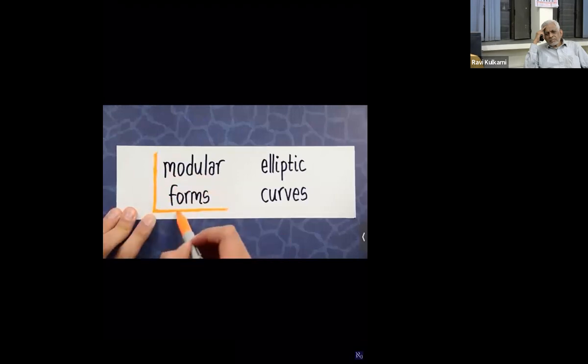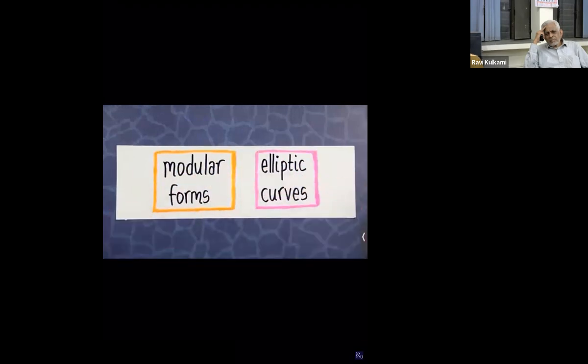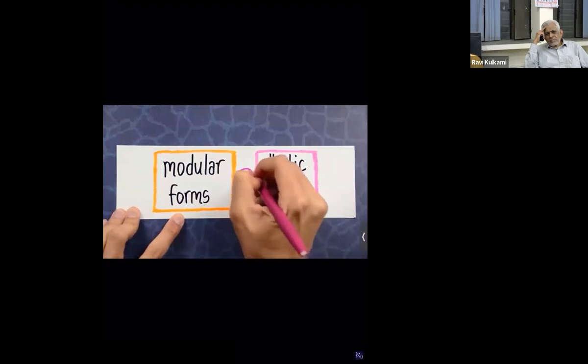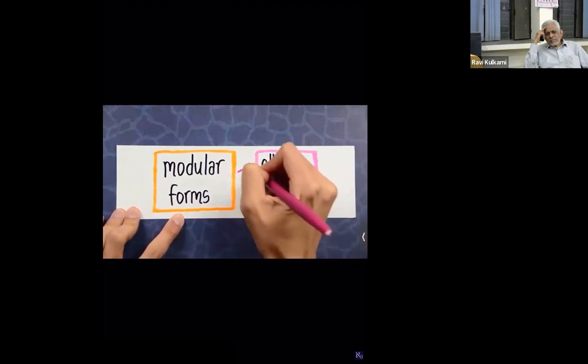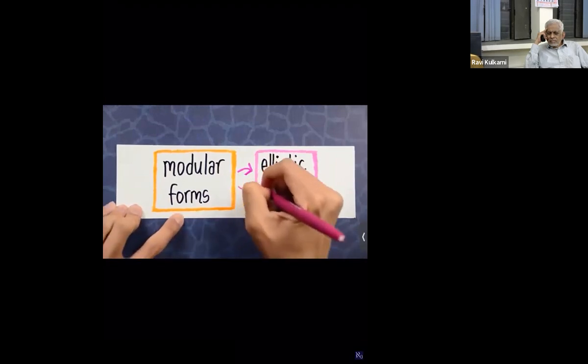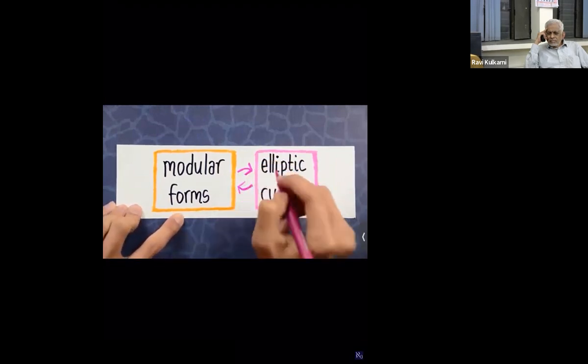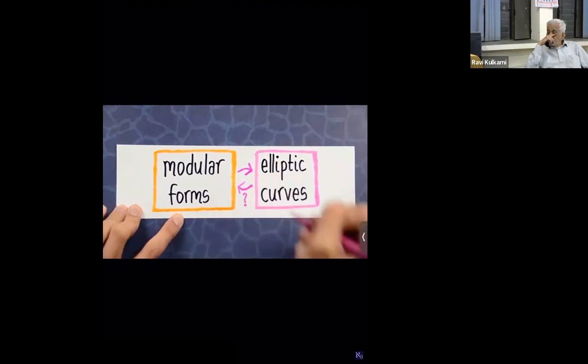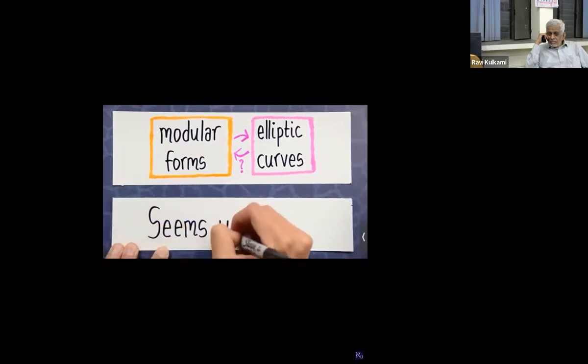In other words, we have two worlds, modular forms and elliptic curves. What we've done is, to a modular form, we've attached to it an elliptic curve. But it wasn't until many years later that people dared to suggest that you might be able to go back, that maybe every elliptic curve came from a modular form. Now when you first hear this, a reasonable reaction is that it seems very unlikely.